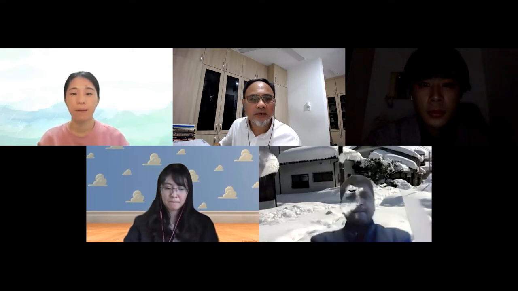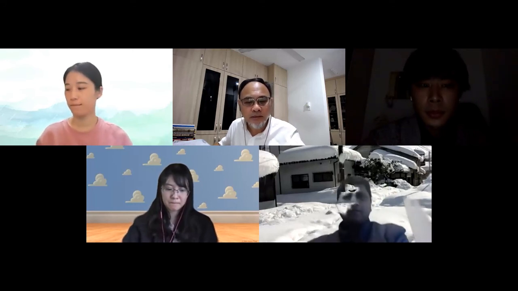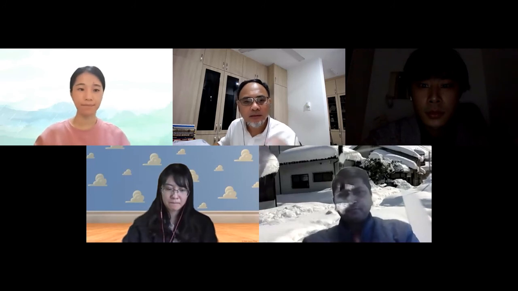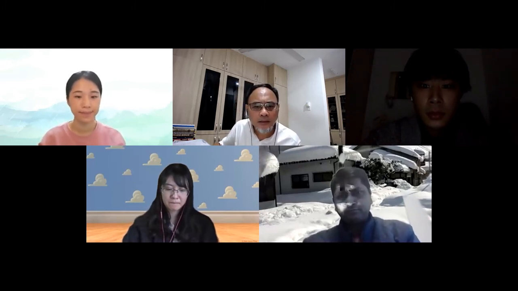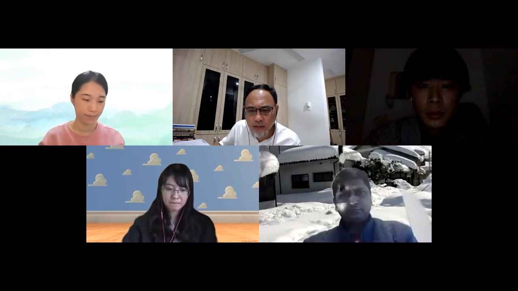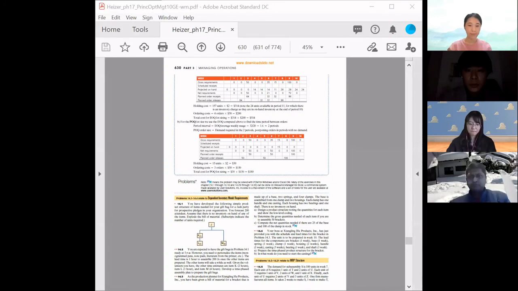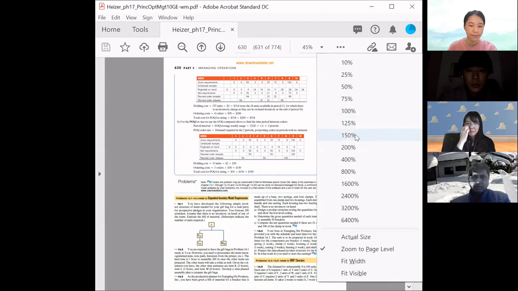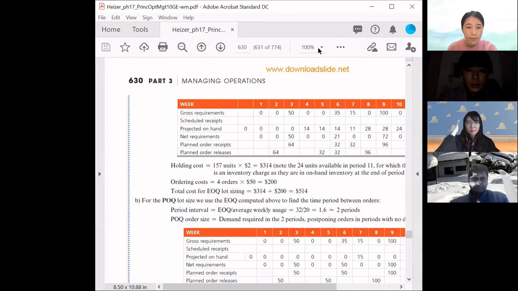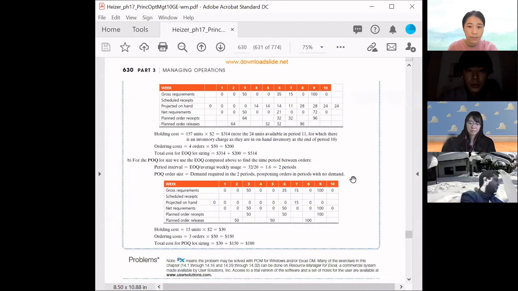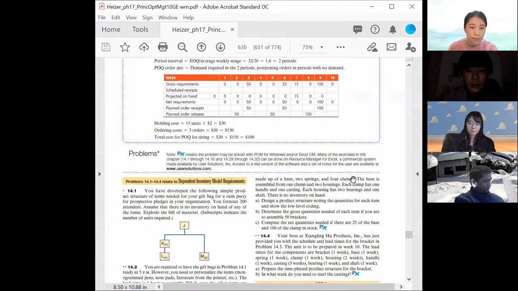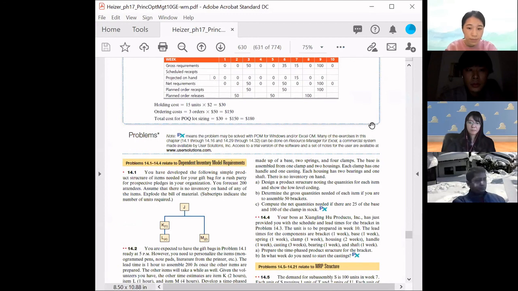It's on page 630. If you can go to page 630. Let me share with you the book. Can you see the book now? Yes, we can see it. So it's on page 630. I would like you to try. This is a good example of developing product structure. 14.3.